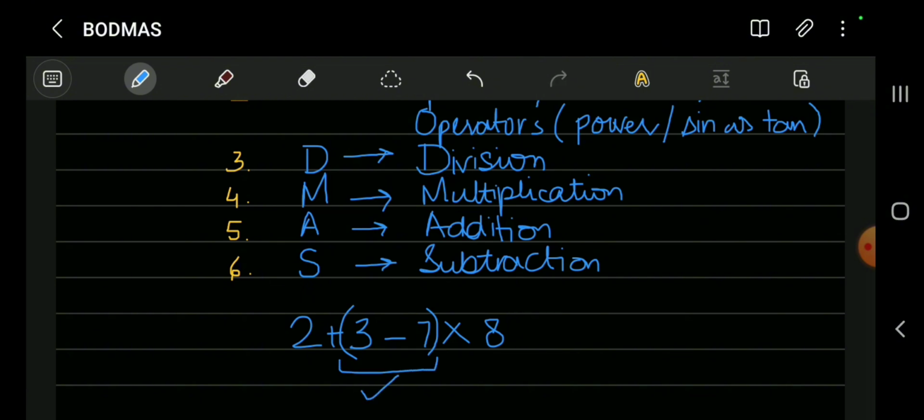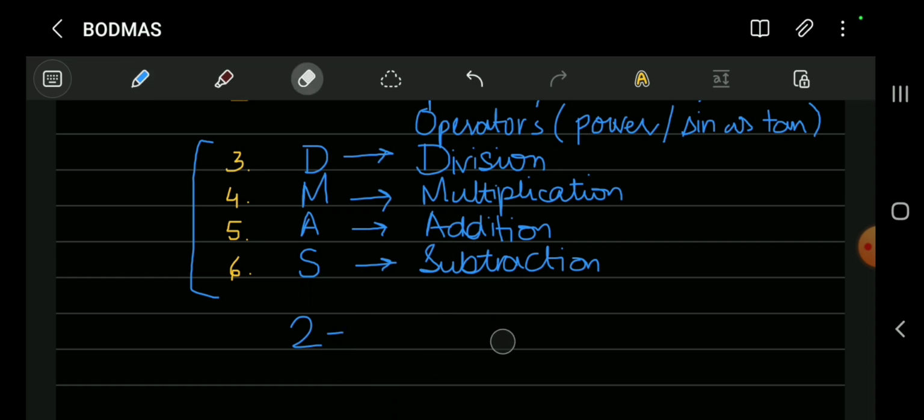So first you are going to deal with the brackets. Division, multiplication, addition, subtraction is easy to remember: first you divide, then multiply, then add, and then subtract. But the priority number one is brackets. Even if there is a subtraction, but there is a bracket around it, first we are going to solve the bracket, then the power, if any, and then division, multiplication, addition, and subtraction.